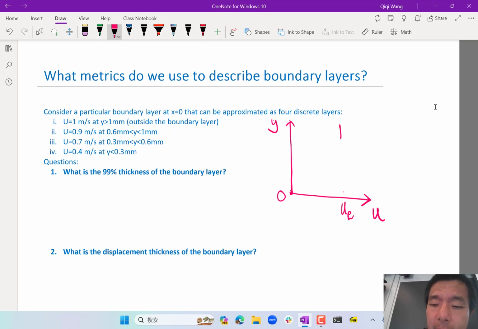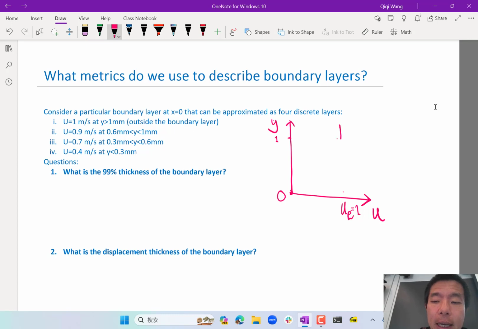In a general boundary layer, it goes smoothly. And we'll say a little bit later why the boundary layer tends to be a smooth profile. But in this particular problem, let's assume that outside of the boundary layer, when y is greater than 1 millimeter, the velocity is equal to 1. In this case, UE is equal to 1, right?